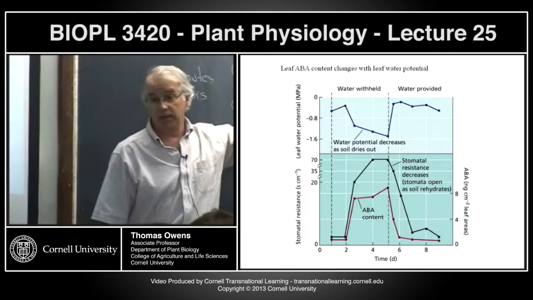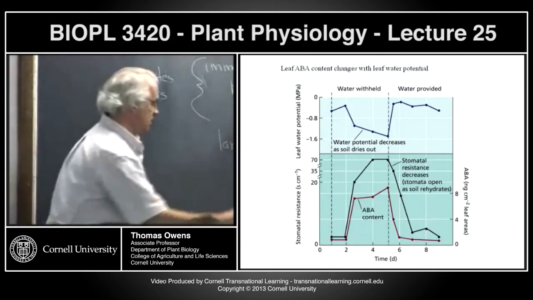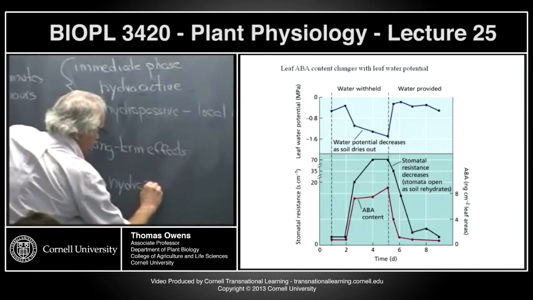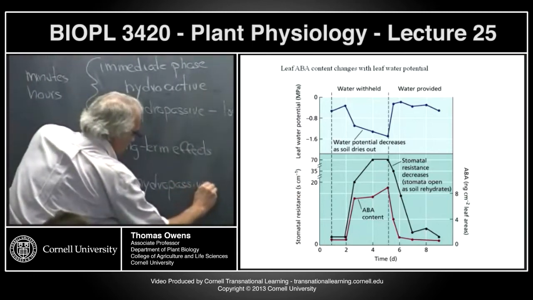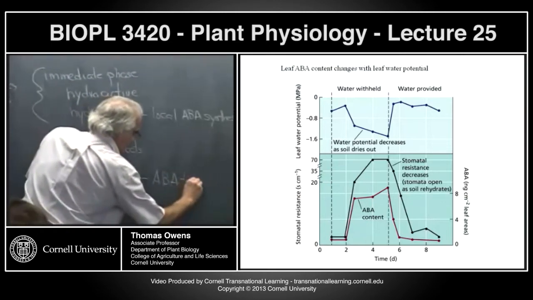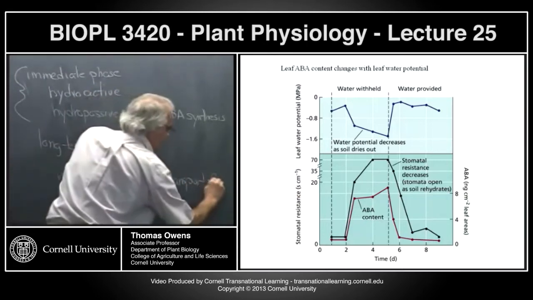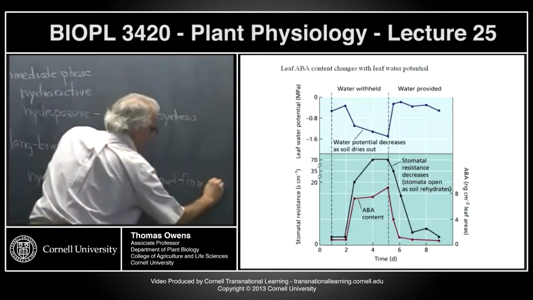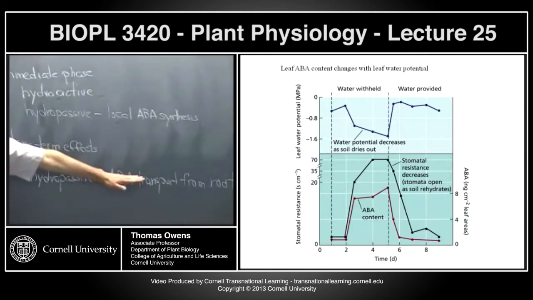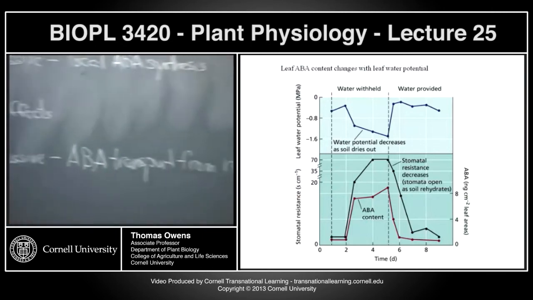It's due to ABA that is being translocated from the roots up to the leaves. So in this hydropassive component, in the long term, this is ABA transport from the root. And we'll see this whole plant level redistribution of ABA has other effects than just closing the stomates.